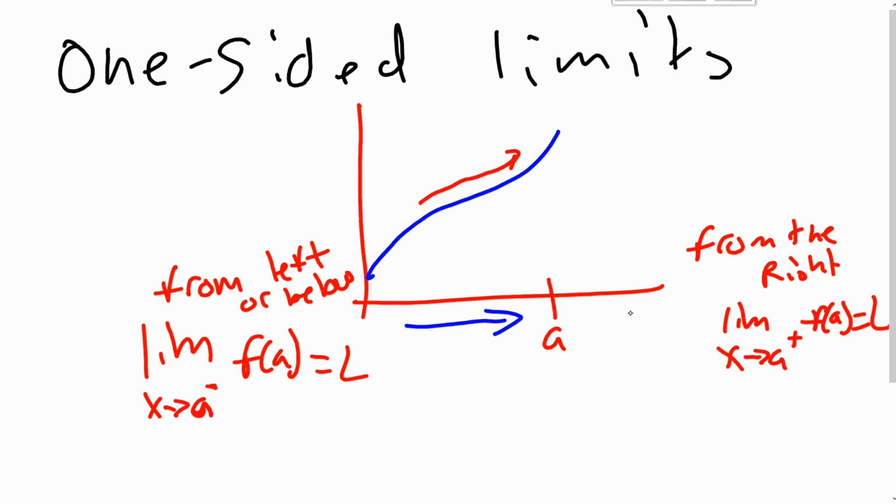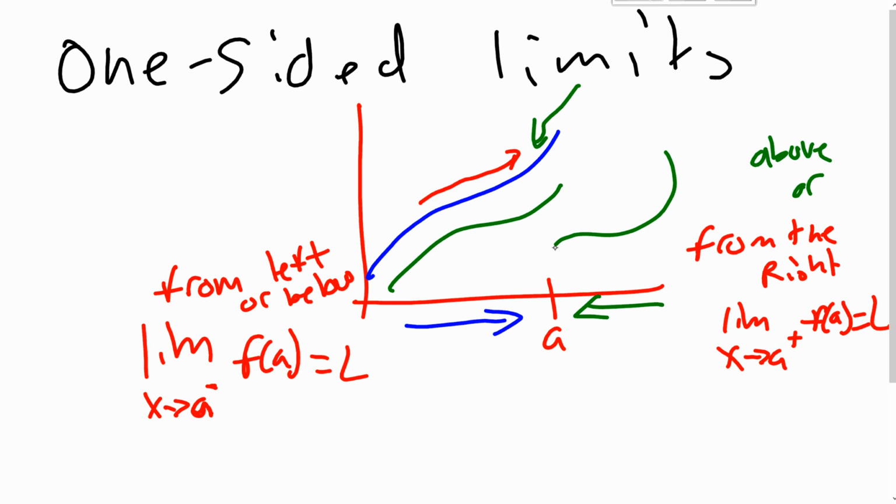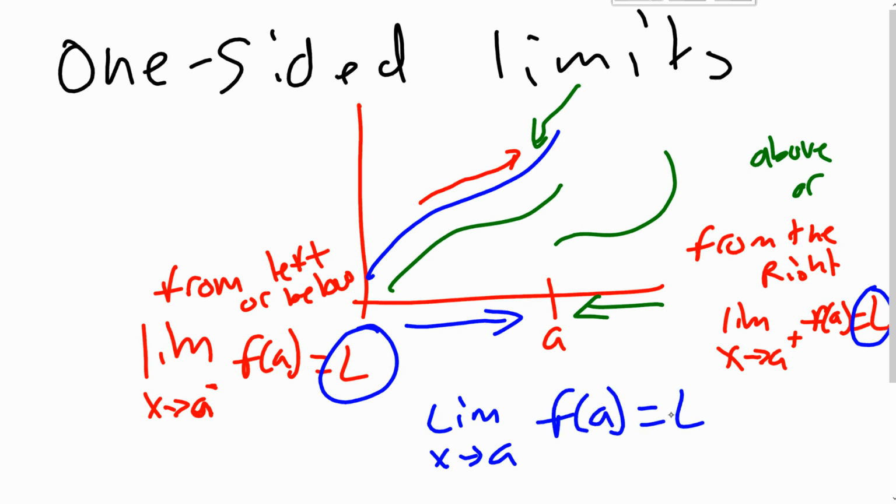And so we could approach it from above or below. And what's that graph doing from above? Because sometimes you might have a graph that goes like this, and then maybe it goes like this. So it might go to two different numbers. But if these two are both the same number, then the limit as x approaches a, overall, is that same value.